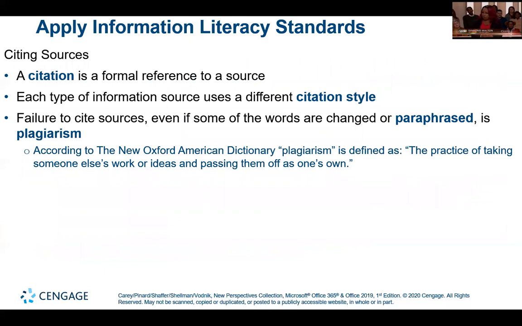Citing sources. A citation is a formal reference to the source. Each type of information uses different citation styles. Failure to cite sources, even if some of the words are changed or paraphrased, is plagiarism. According to the New Oxford American Dictionary, plagiarism is defined as the practice of taking someone else's work or ideas and passing them off as your own.